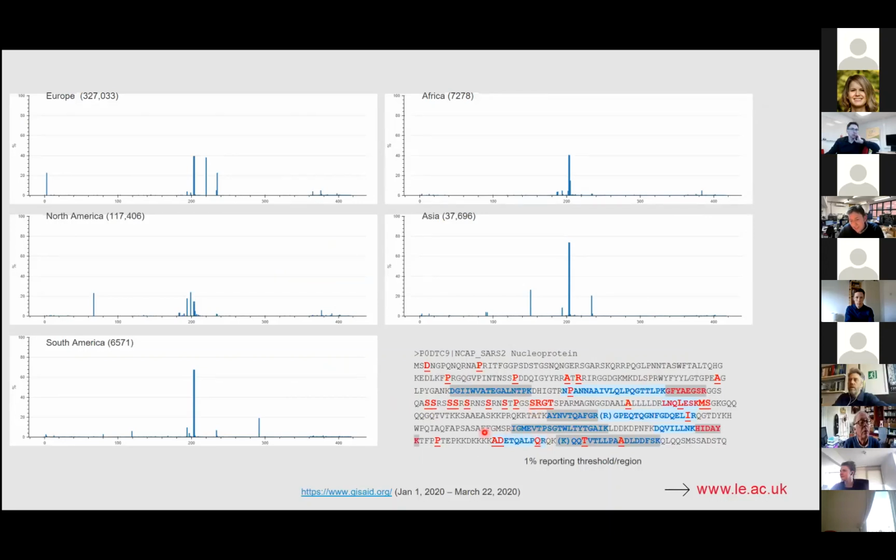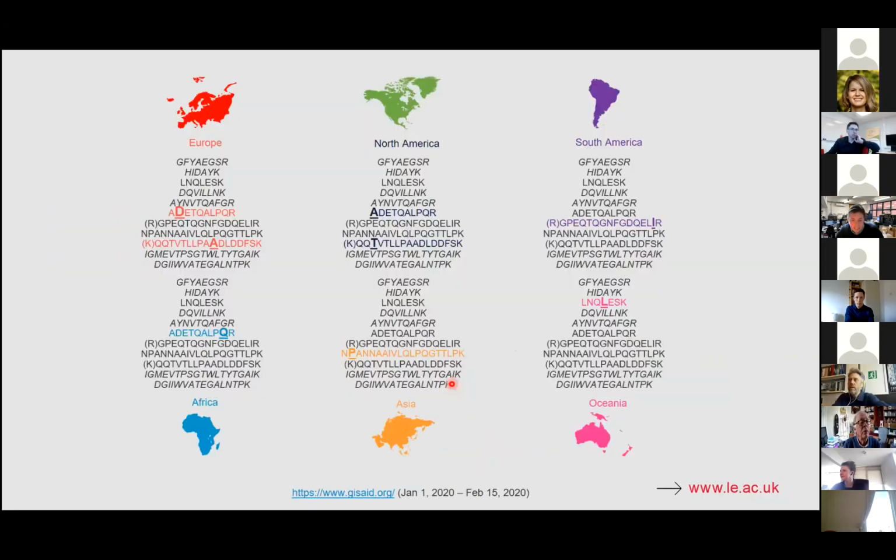And we can see, for example, with the ADE peptide, we are seeing some mutation variants occurring. But AYN and DGI are seemingly free of mutational variants as of the moment. So these are good peptides to be selecting. And we can see that in the different regions, we've got a range of different peptides that we can select that won't be susceptible to the, I guess, evolutionary pressures that are occurring.